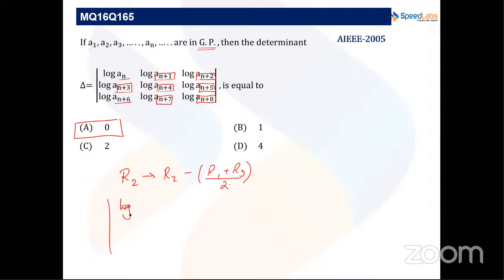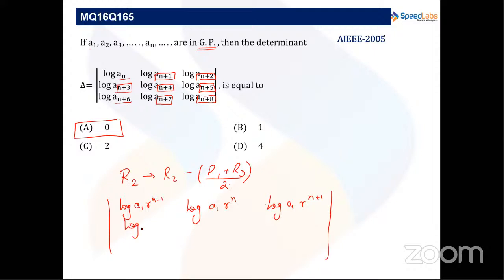So log an will be a1 into r to the power n minus 1, log a1 into r to the power n, log a1 into r to the power n plus 1.